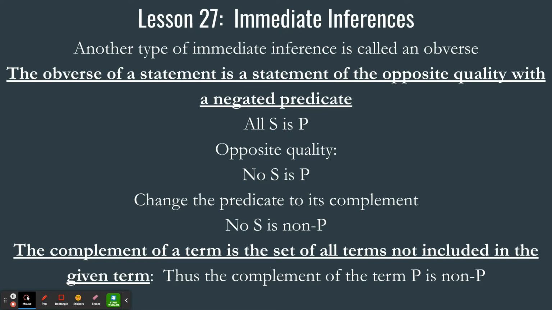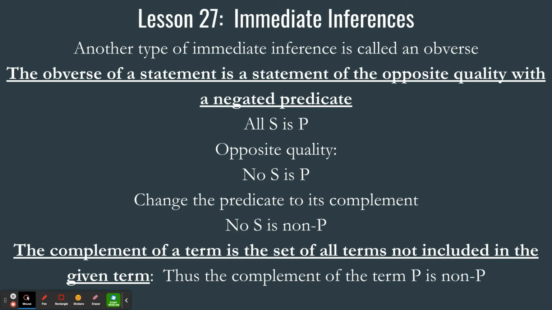It's true that all apples are fruit. It has to be true that no apples are not fruit. That has to be the same thing. And yes, you're right. So if you had an I statement like some S is P, would it be like the obverse and the complement?